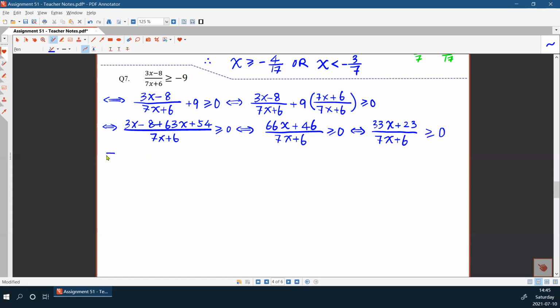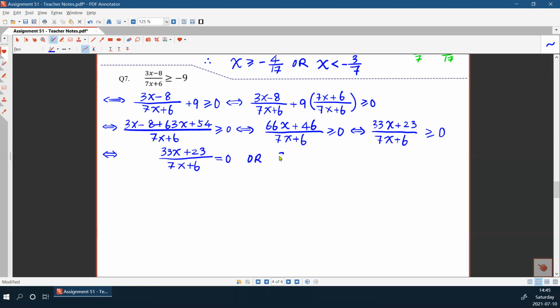Okay, now the original expression is equivalent to, first of all, we have an equation. 33x plus 23 over 7x plus 6 is 0.